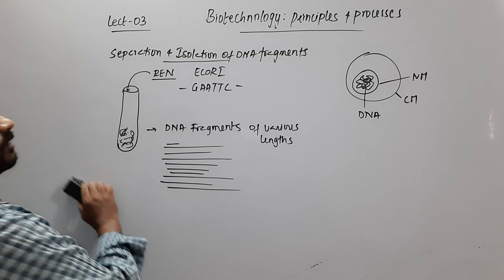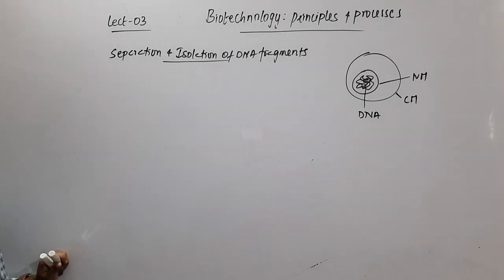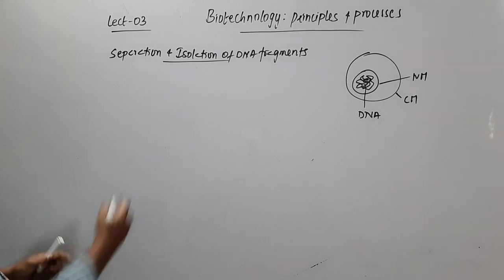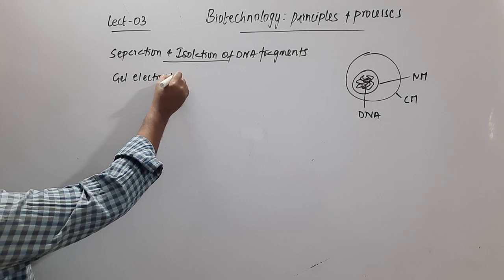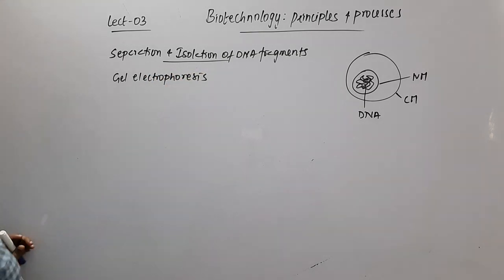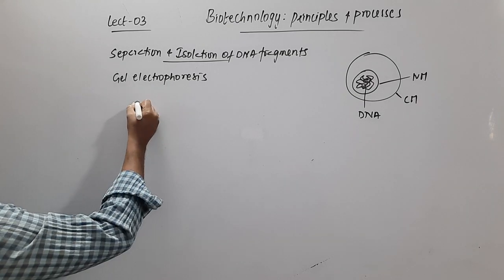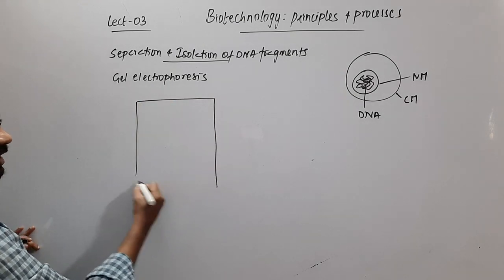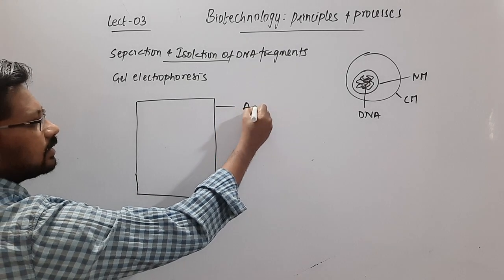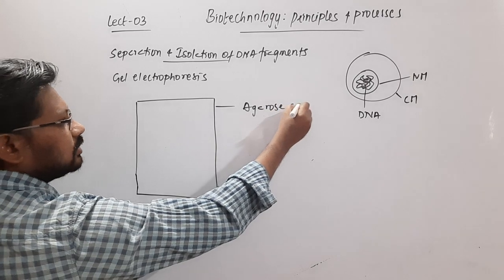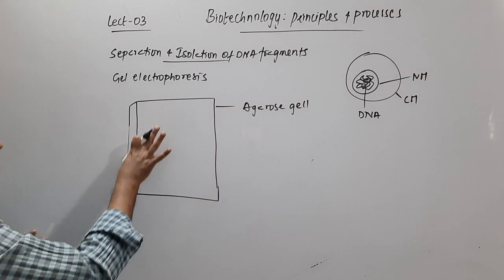So these DNA fragments I'm going to separate by gel electrophoresis. In this case I'm going to take an agarose gel. So this is an agarose gel, and of course it has some thickness.